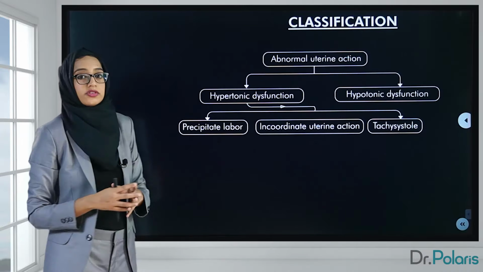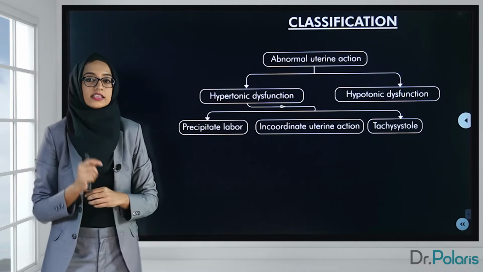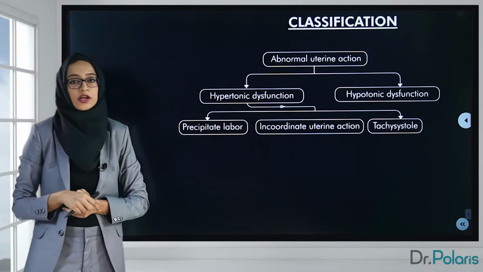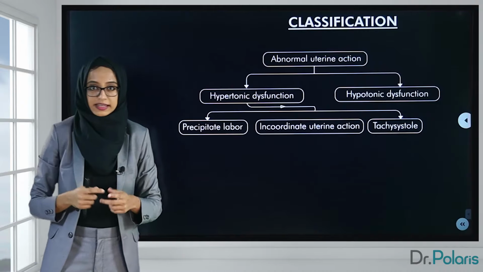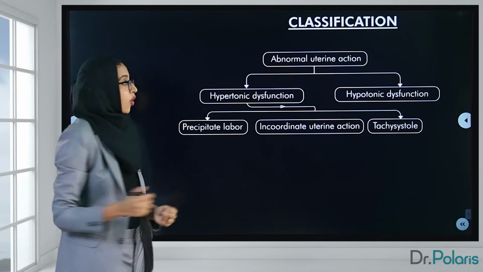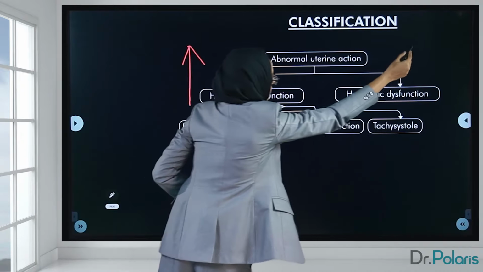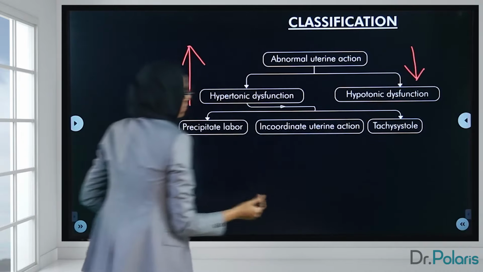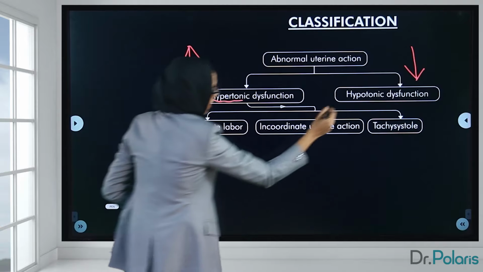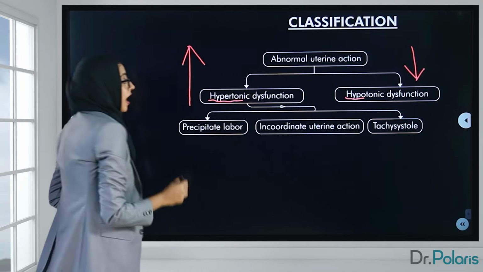So let's go into the topic as such. Let's classify abnormal uterine activity. We already had this discussion in the beginning itself. It's got two spectrums, one where the activity is increased and one where the activity is decreased. So hypertonic and hypotonic.